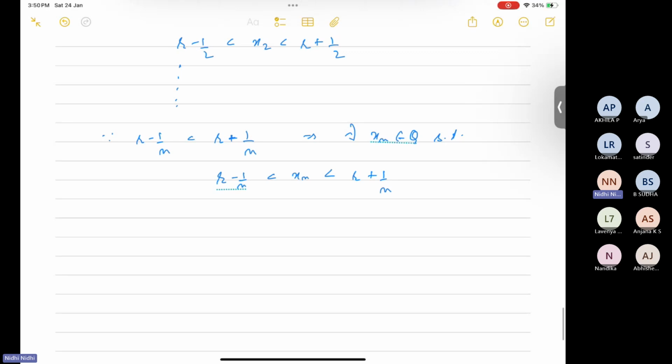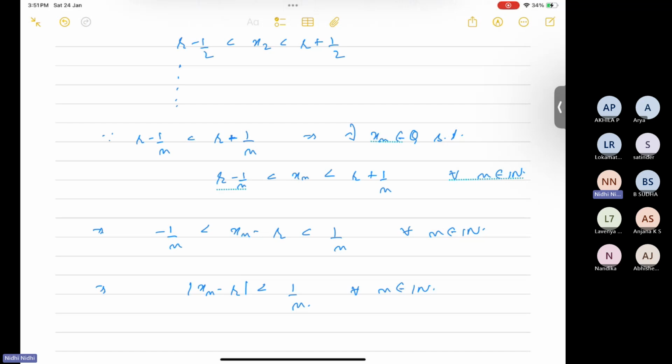This is happening for every n in N. Now this implies minus 1 by n is strictly less than xn minus R, strictly less than 1 by n for every n in N. Now if a number is in between minus a and plus a, that means its modulus is strictly less than the positive term. Now this is happening for every n in N.